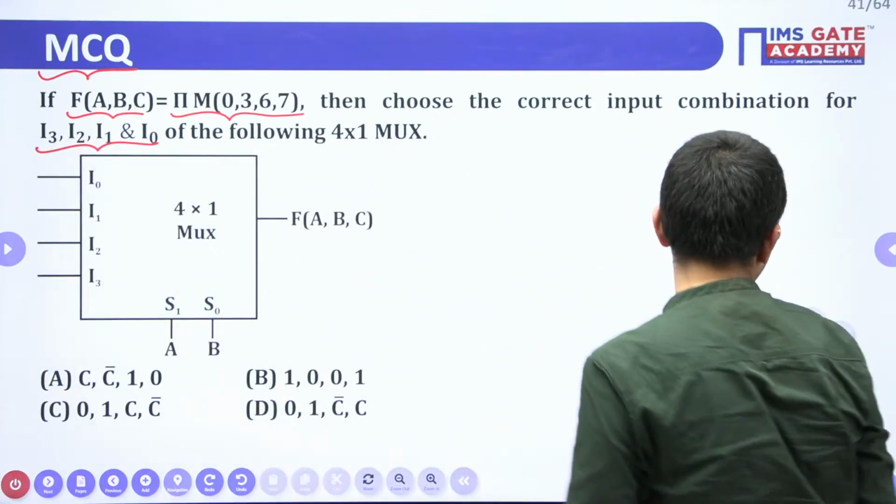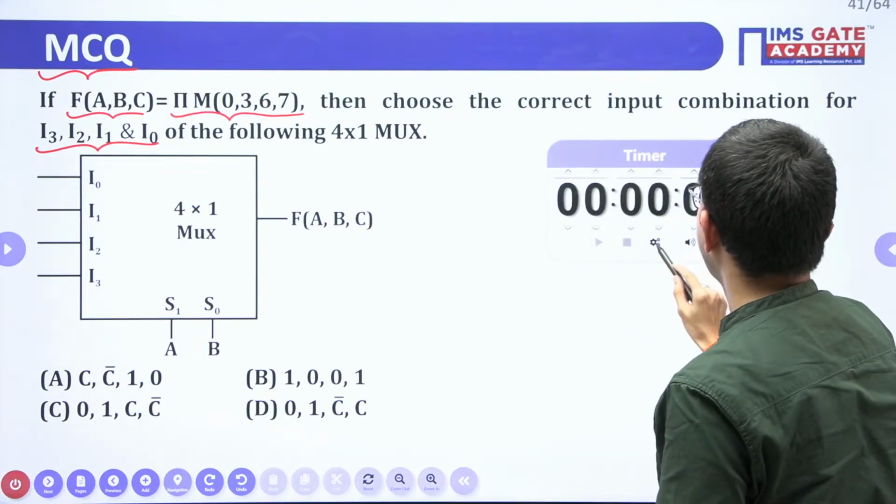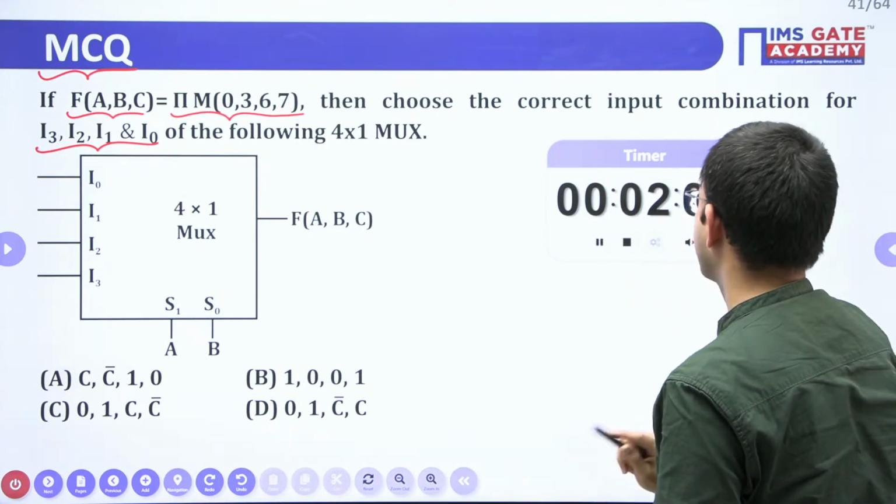All of you give a try. This is a very interesting question. It is a simple question only, but generally students used to make a mistake.